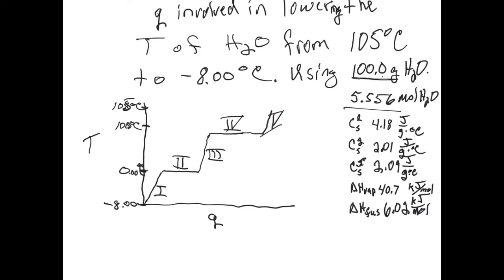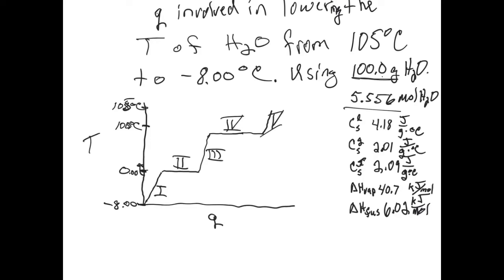Okay. Now here's the thing. In the first case, we're talking about heating the water. In this case, we're talking about cooling it. So we're going from top to bottom. And if you think about it, that means we're going from right to left when it comes to cooling. We're removing heat. Heat is leaving. And when heat is given off, it should have a negative sign because heat is released.